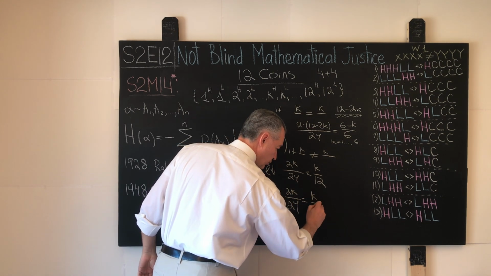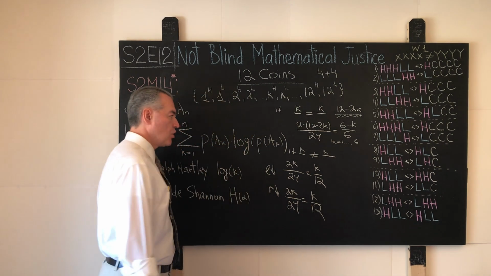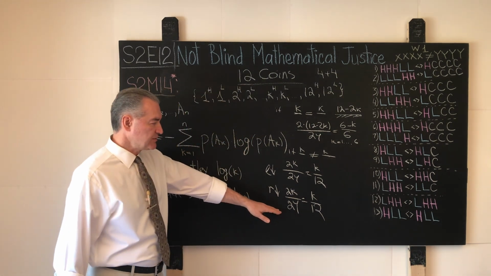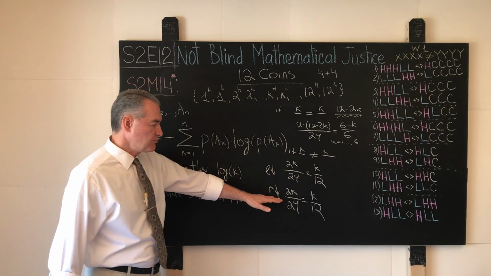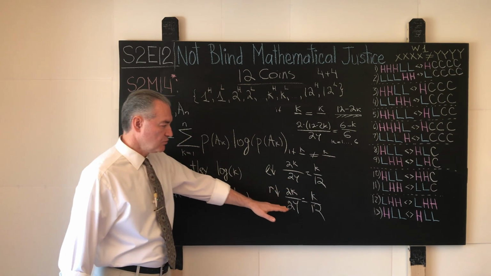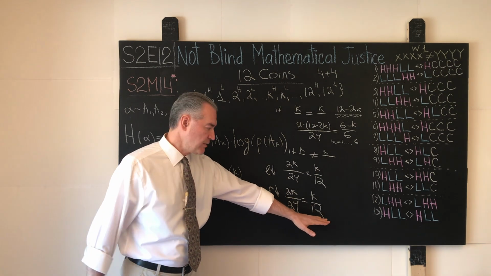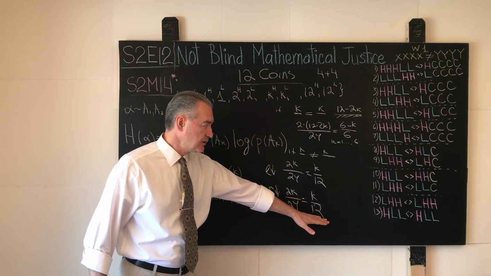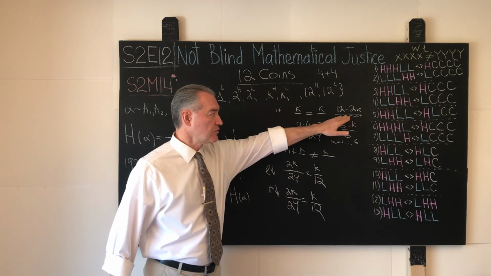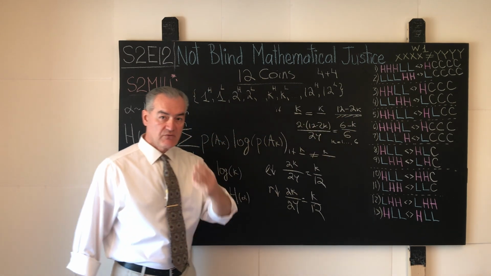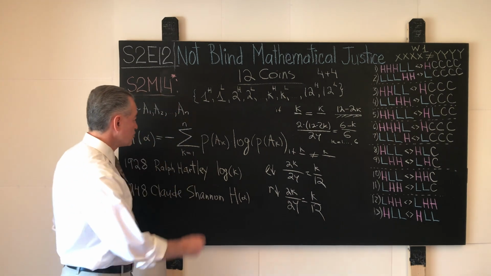So k over 12. And there you go. We have three experiments. The left pan goes down with this probability. The right pan goes down with the probability of the coin on the pans being it given here. And when the pans balance, with the probability of the coin being on the table given here, we have three experiments.